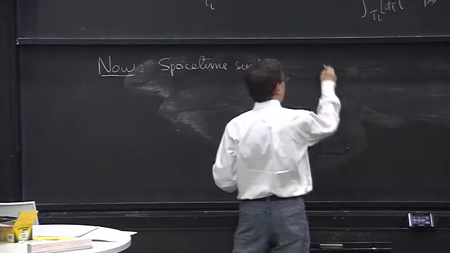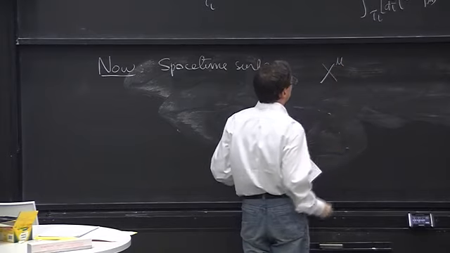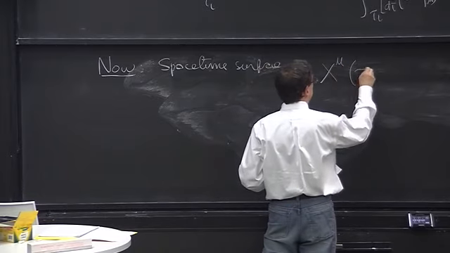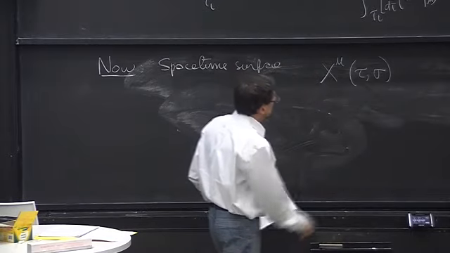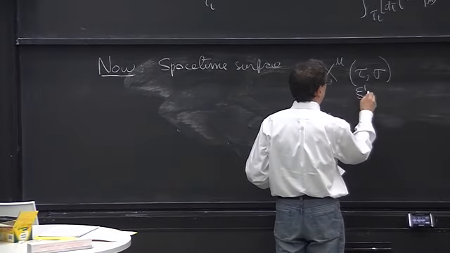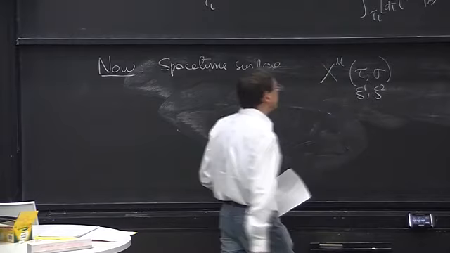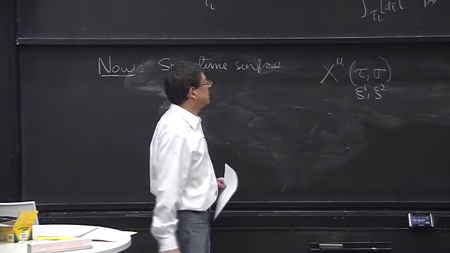So you're going to have x^mu, and we're going to call the first parameter tau and the second parameter sigma. This sometimes will be called psi 1 and psi 2 when we want to be general, but tau and sigma.